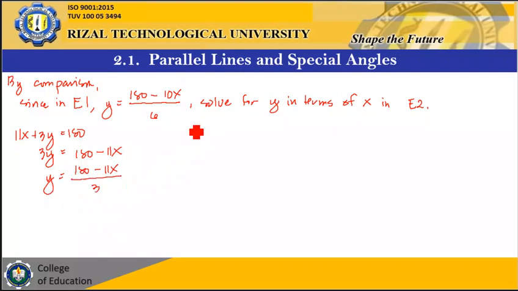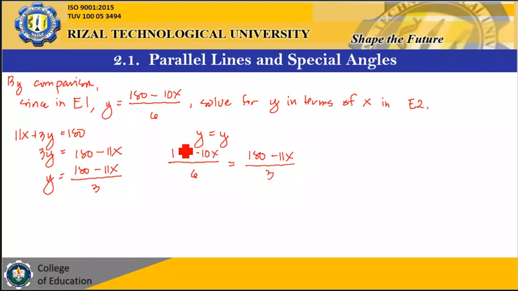Now, by comparison, we know that y is equal to y because they are the same variables. The first value of y is 180 minus 10x all over 6 in the first equation, and the value of y in the second equation is 180 minus 11x all over 3.